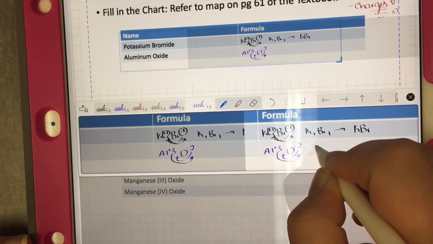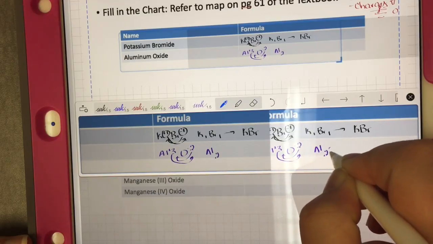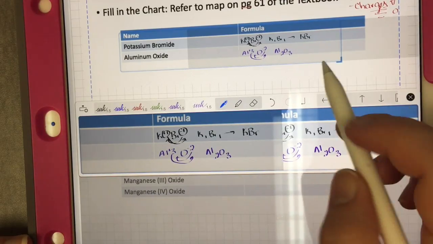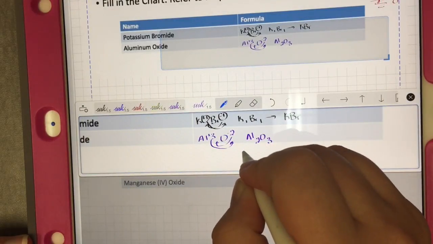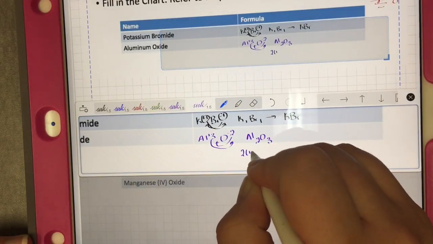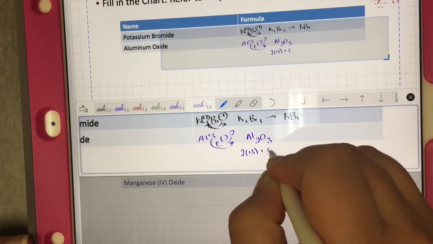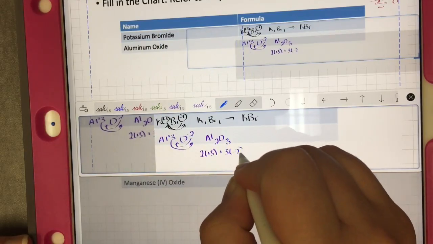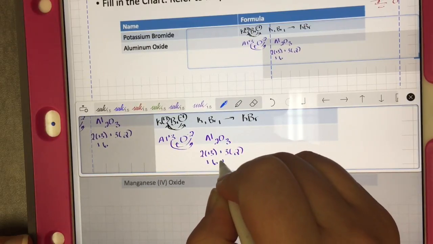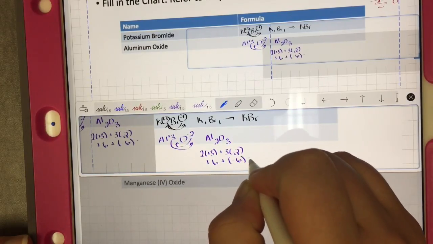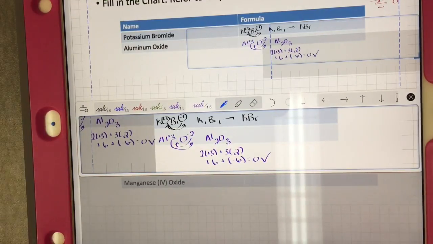So we're going to have Al2O3. And when we do our math, just to make sure, 2 times +3 plus 3 times -2 is going to be +6 plus -6, which is going to equal 0, which is what we're looking for.